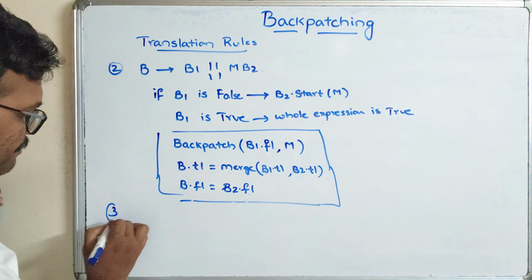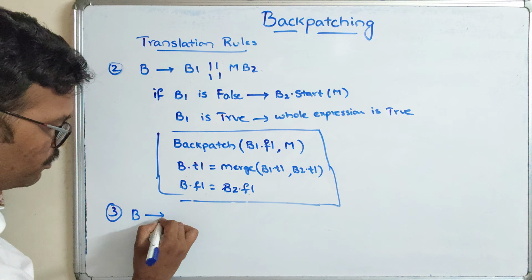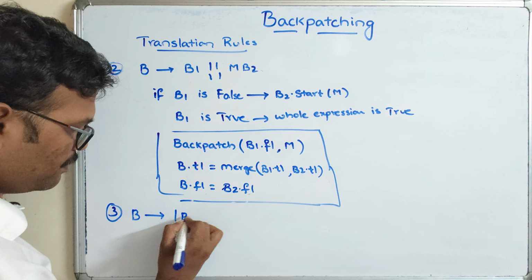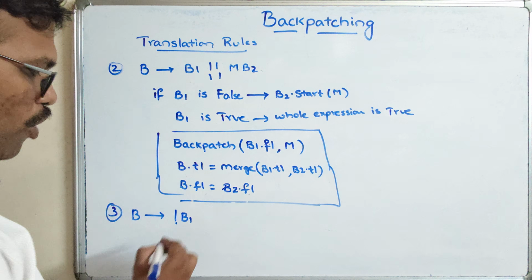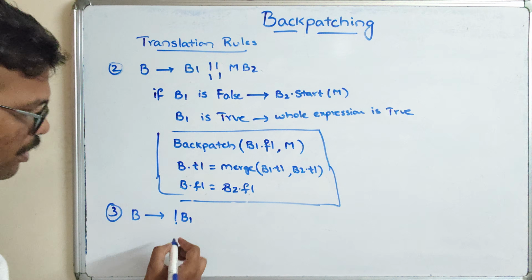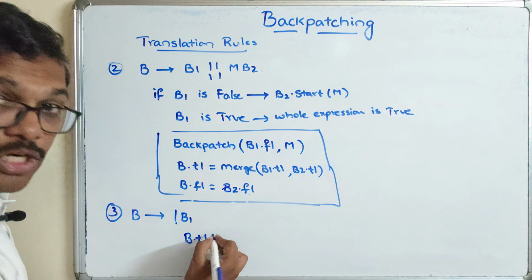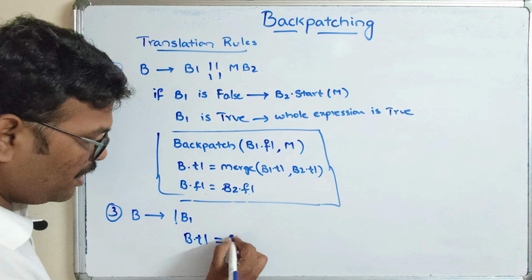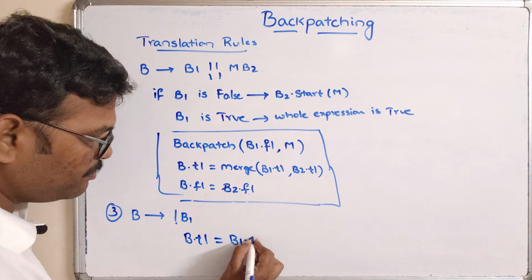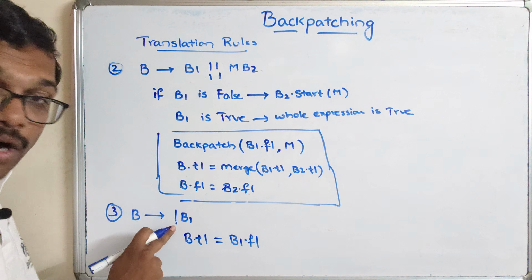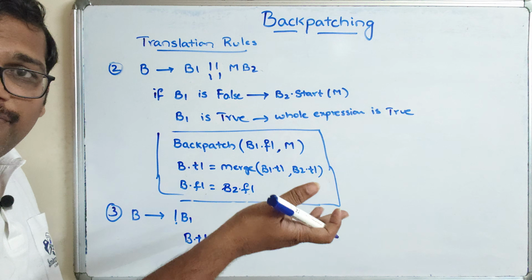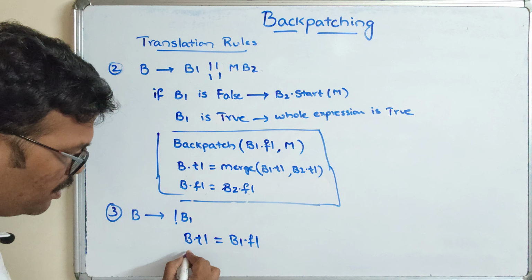And the third one, B tends to not B1. Obviously, when B becomes true, B1 becomes false list, because it's a NOT. If it is true, the result will be false. If it is false, the result will be true.